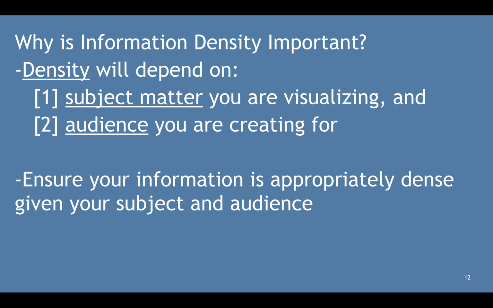So the astrophysics example is going to be very dense information, and the opposite for entertainment news. And for your audience, it goes along the same polarities. For astrophysics, it's a very specific audience, so it's going to be very dense, most likely. And entertainment news, as a contrast, is going to be very, very simple, less dense.